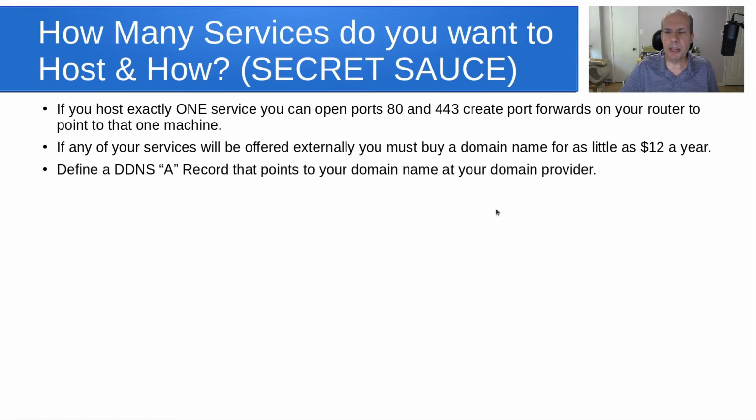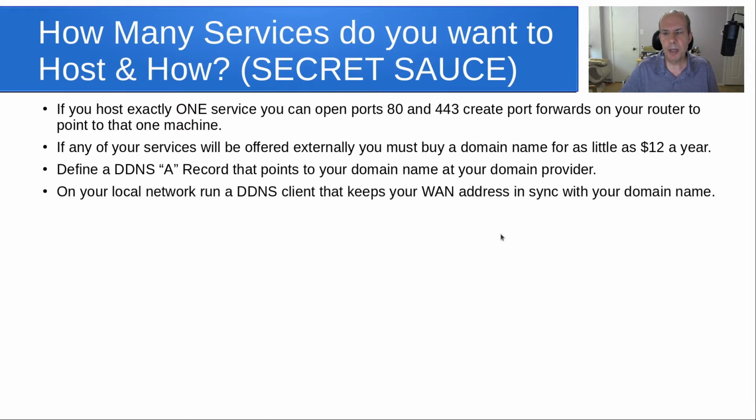You're going to be defining a dynamic DNS record that points to your domain name at your service provider, or not your internet service provider, but your domain service provider. And on your local network, you're going to run a dynamic DNS client that keeps your WAN address in sync with your domain name.